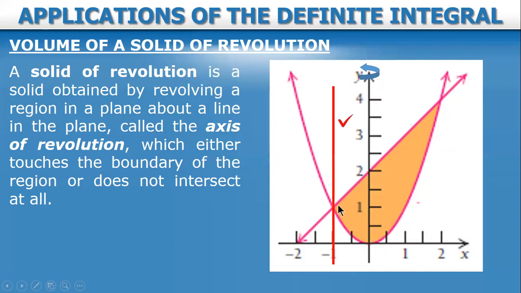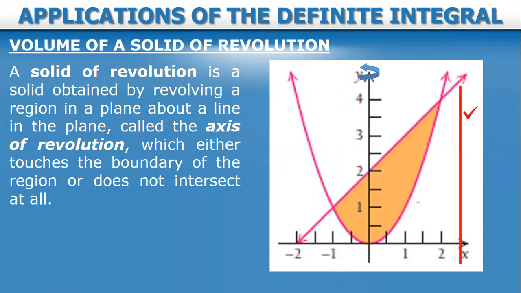Okay. This one. It's okay to revolve this area about this line since this line touches the boundary or is at a certain distance from the boundary, or this one, or at a certain distance.